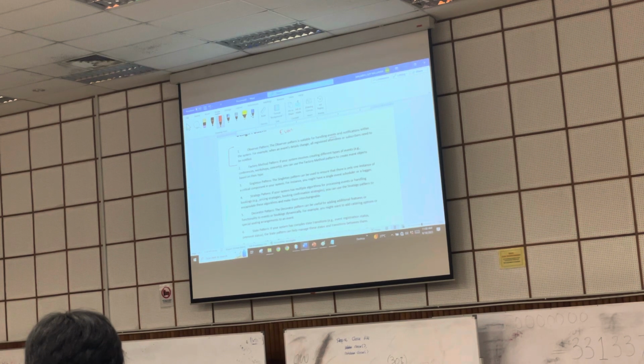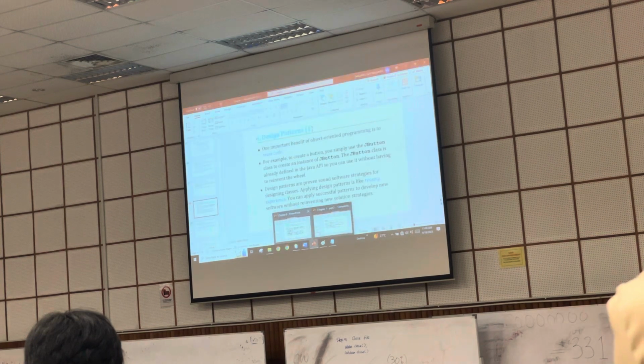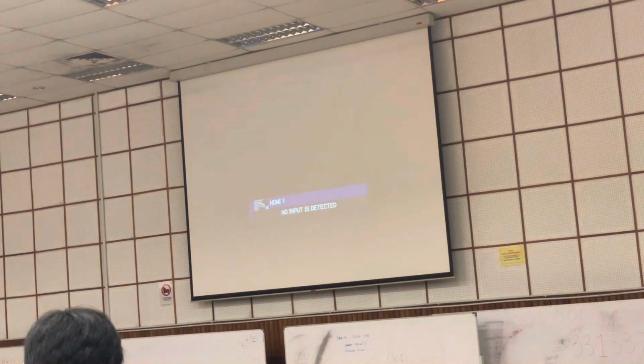Create one abstract class. Create your concrete classes. They already have the design. If you follow the design, you can do this particular function. So that means the design is already there.